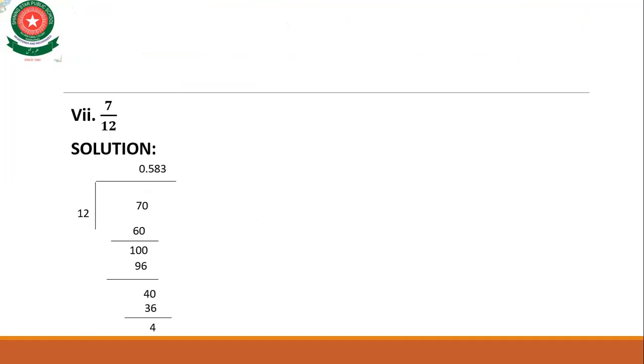Then we know that 7 is less than 12, so we'll place 0 to make 7 into 70. Now we will multiply 12 with 5 to get 60. And when we subtract 60 from 70, we know that the remainder will be 10.